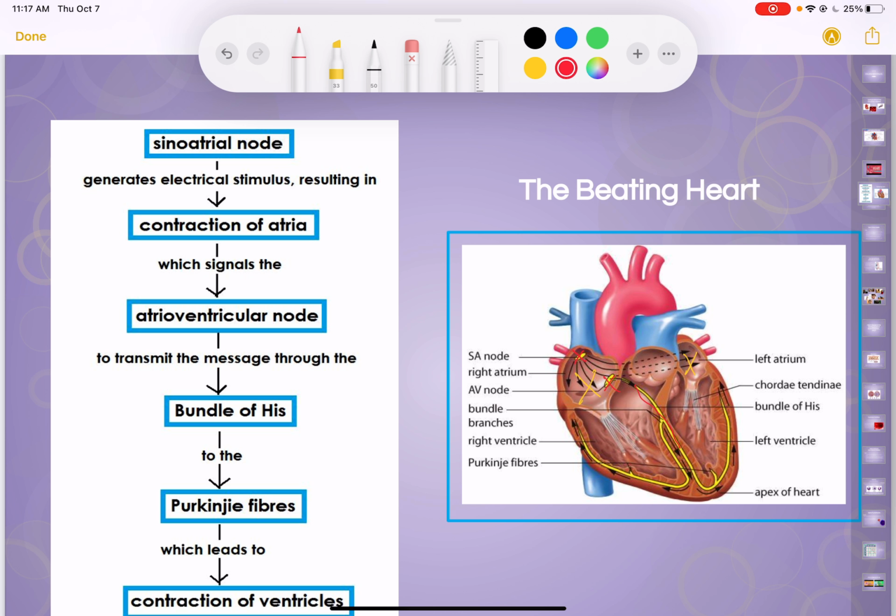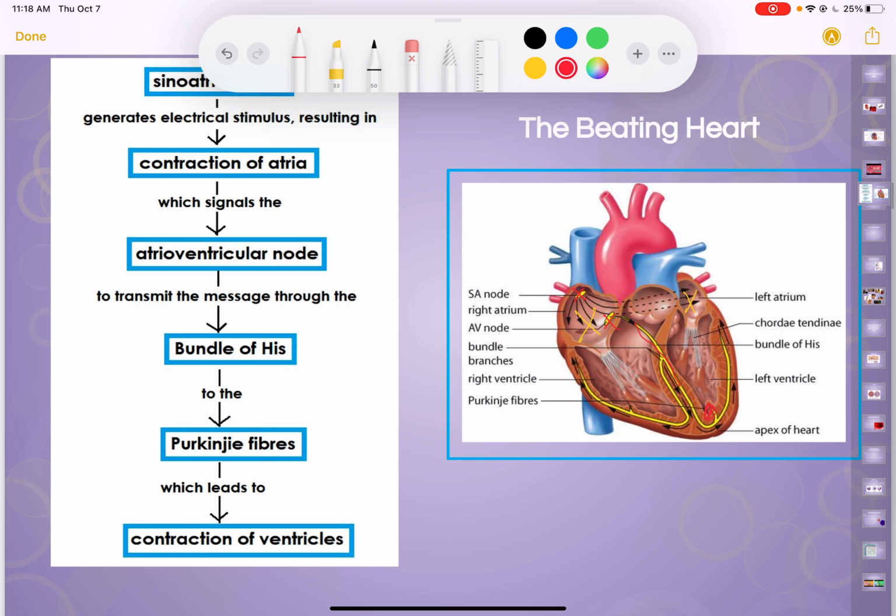So once the atriums contract, it sends that message through the nerve throughout the body of the heart. And it transmits that message to the Purkinje fibers, which are right at the bottom here, which leads to the ventricles to contract as well. So then those contract, okay?